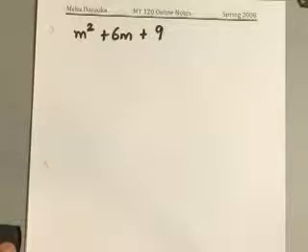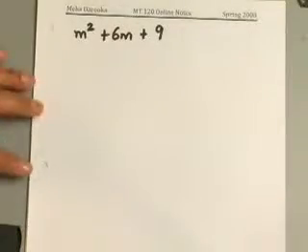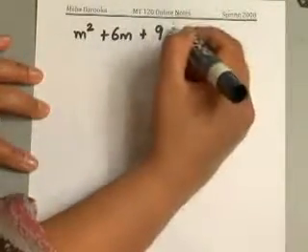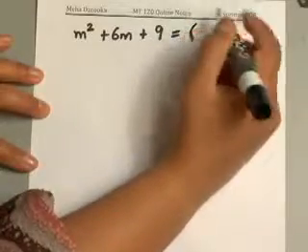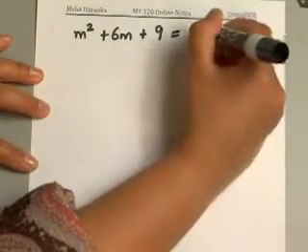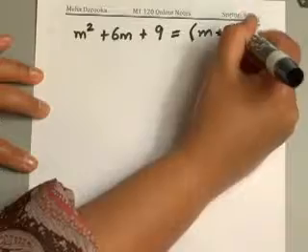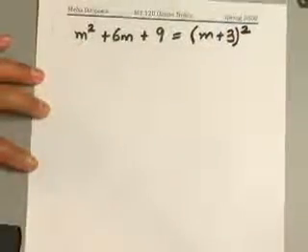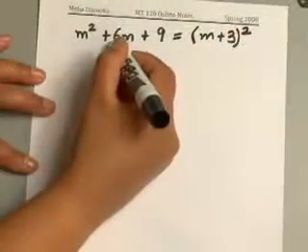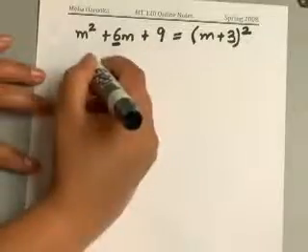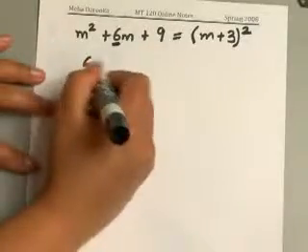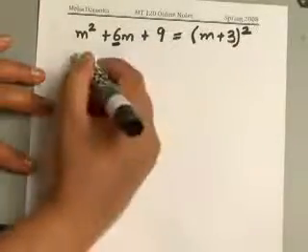You can try and factor this term and see if you're able to come up with some value. And of course you will see that this will factor into m plus 3 quantity squared. Why does that happen? Let's look at this.